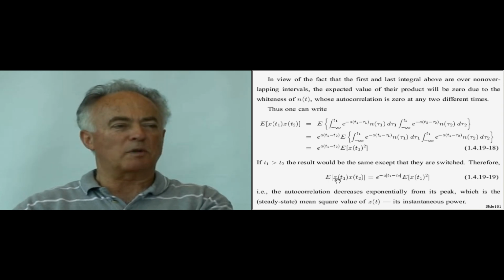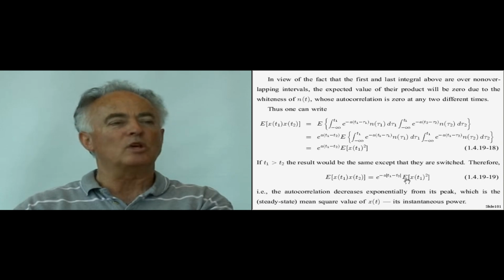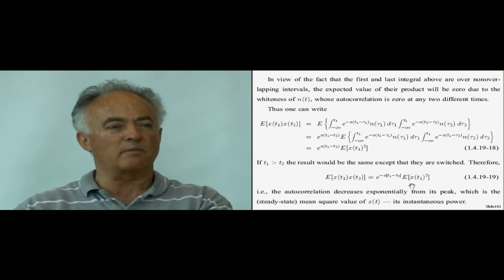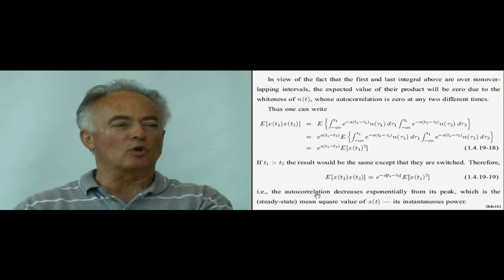Therefore, the expected value of x at t1 times x at t2 is e to the minus a times the magnitude of t1 minus t2, times the instantaneous mean square value of the process at time t1.